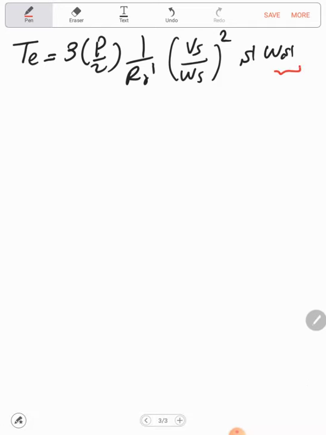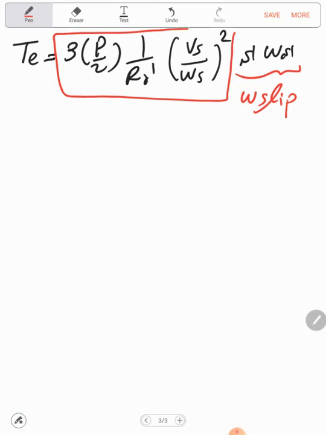Now we know that this term is omega slip. And if we make the ratio of V over omega constant, which is the case in the constant V over F, then this term is constant at constant flux.